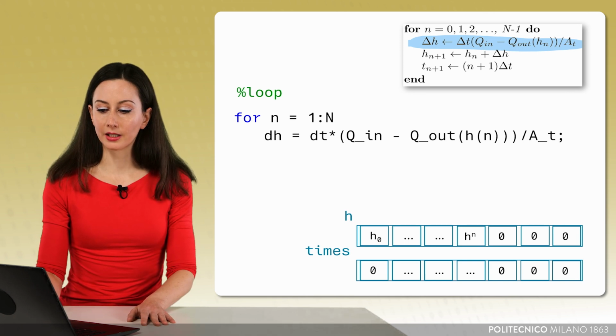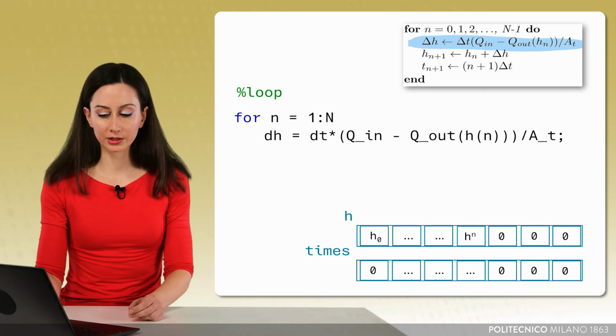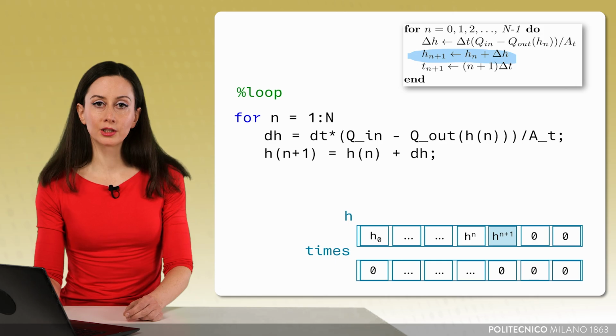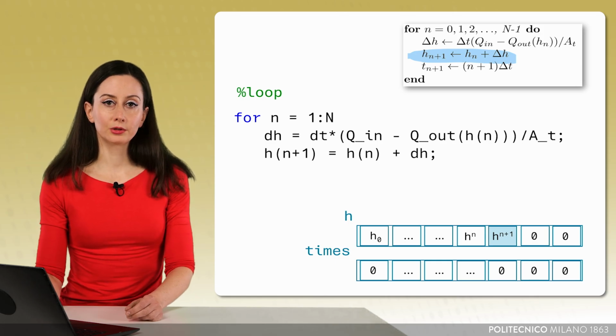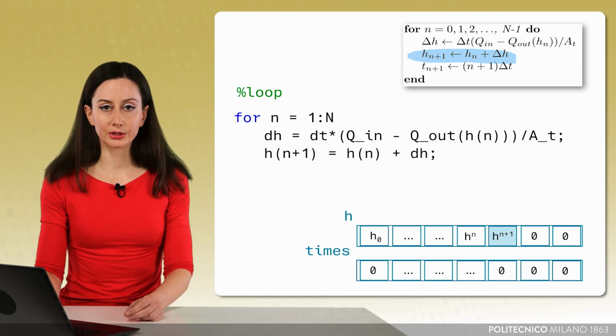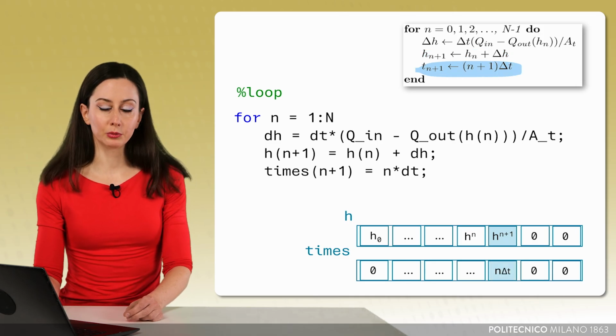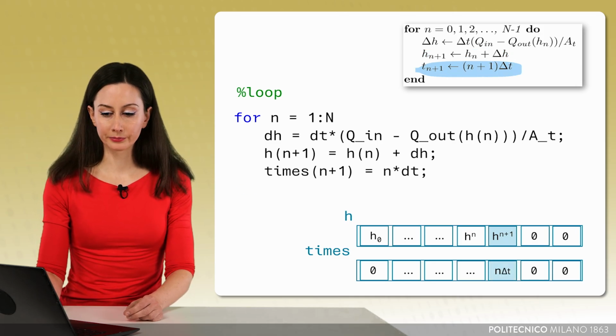And notice that the outflow rate depends on h. Then we can add this increment to the old value of h to obtain the new one, and we store the new one in the array in the correct position. And finally, we also save the corresponding time, which is n times delta t.